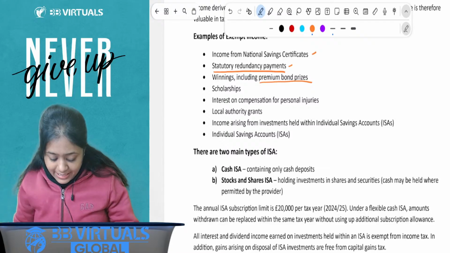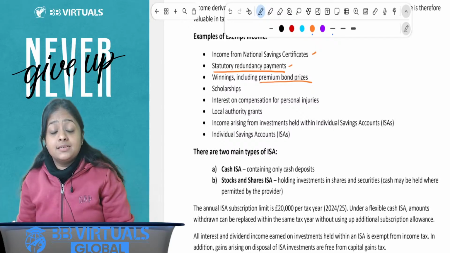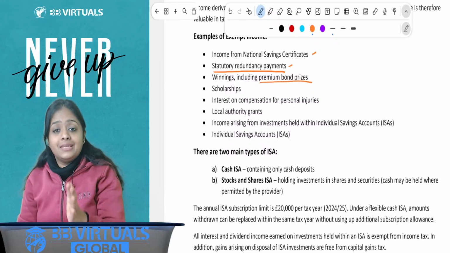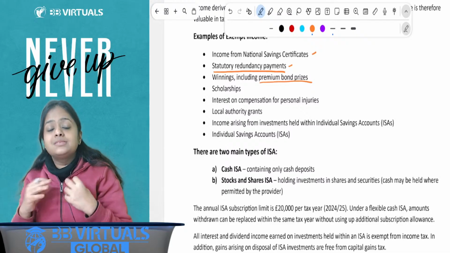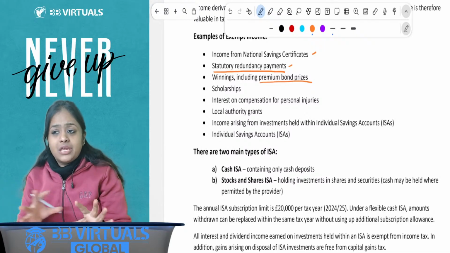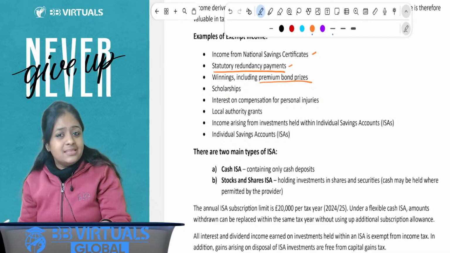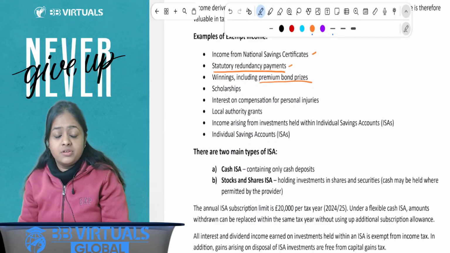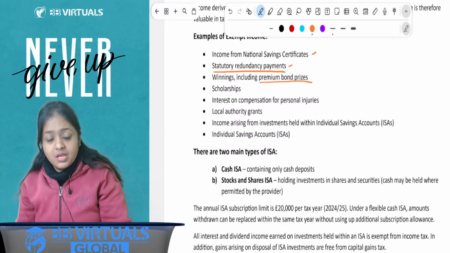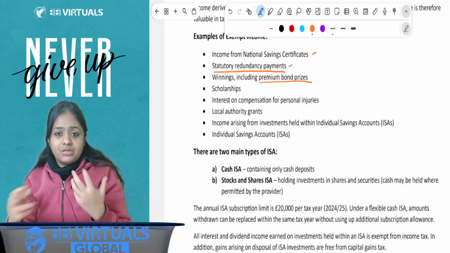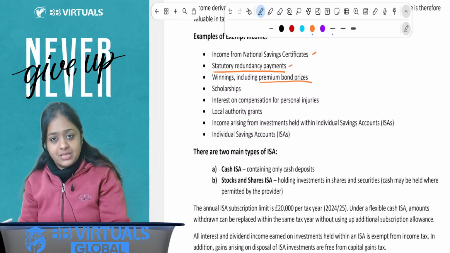Okay, now coming to the next one, premium bond prizes. Ma'am, what are premium bond prizes? Basically I'll tell you what happens in UK. In UK, the government issues some bonds, generally in the denomination of 50, 100 or more than this, and any citizen of the UK can apply for those bonds. They give you tax free income, and when you sell them, any gain you earn is not taxed.